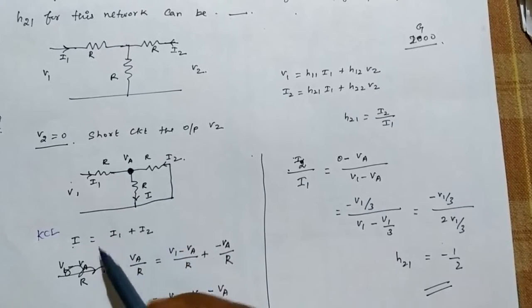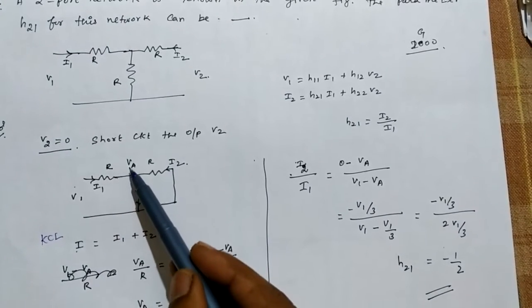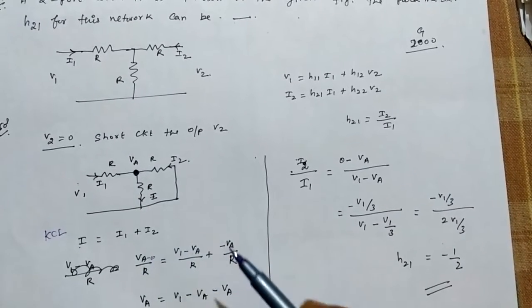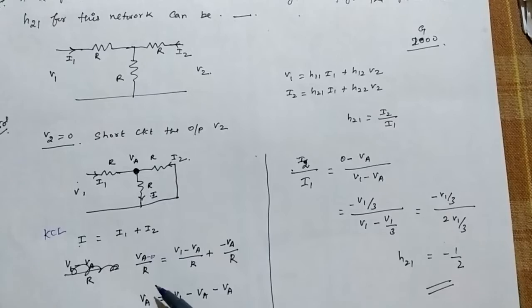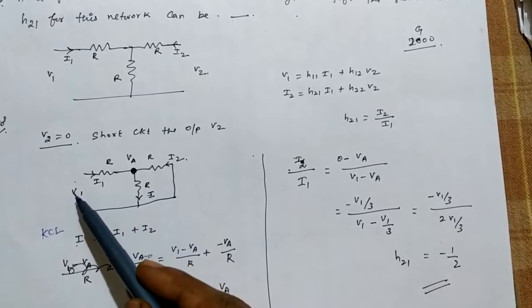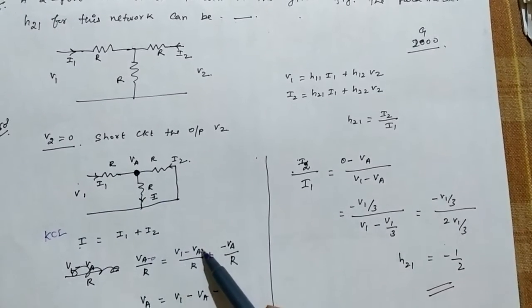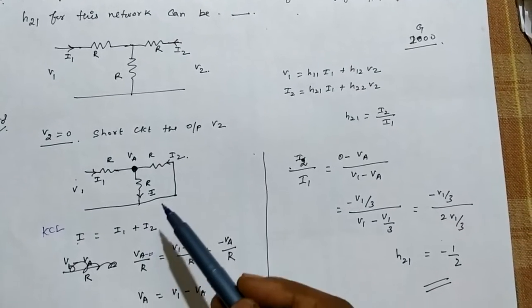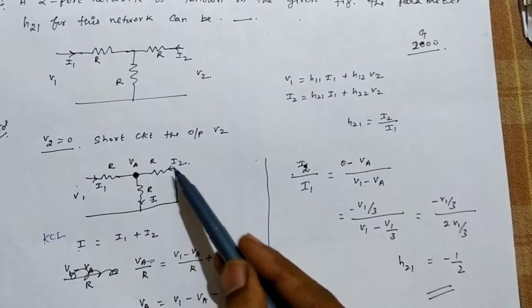So this I can be calculated as the potential difference, that is VA minus 0, divided by R. Again this I1 is equal to V1 minus VA, the potential difference per resistance, and here this I2 is going in this direction.